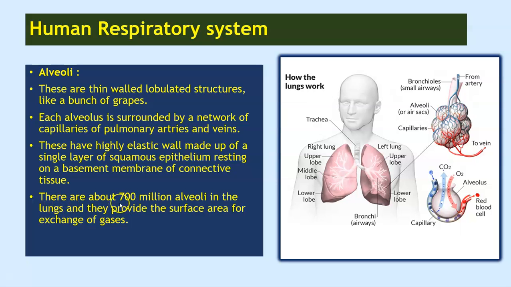There are about 700 million alveoli in the lungs and they provide the surface area for exchange of gases. Have a look at this image here. You can see the blood capillaries are surrounding the air sac and exchange of gases is taking place. CO2 is given out, O2 is taken in and it is taken by the red blood cells and circulated into our body.